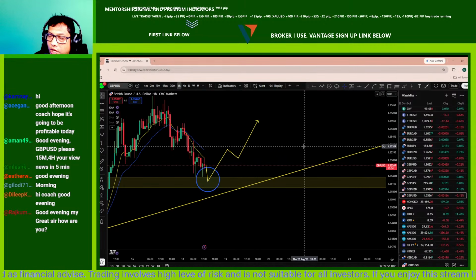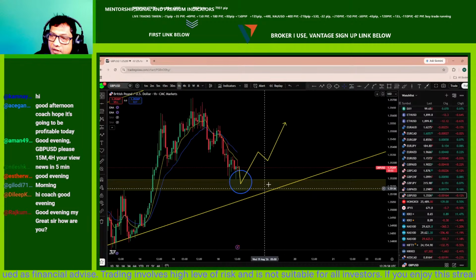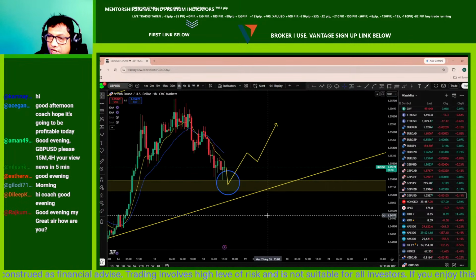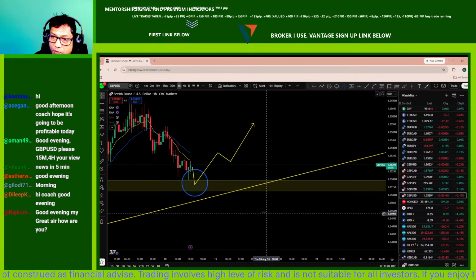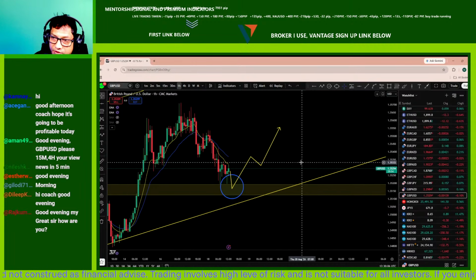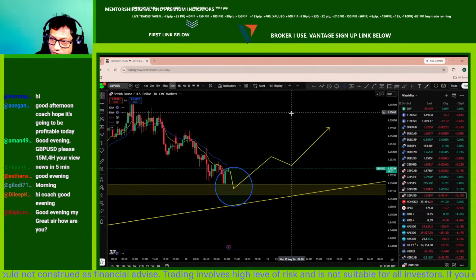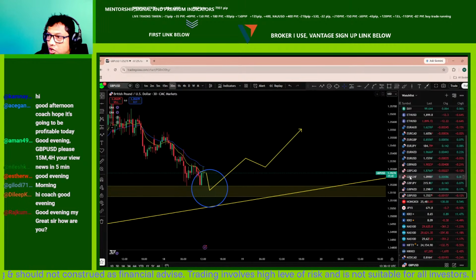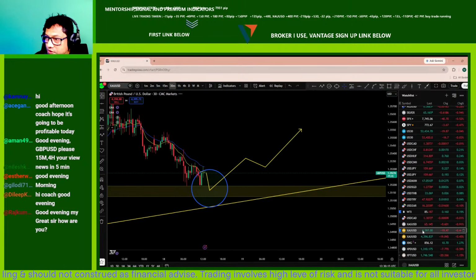So with this movement on GBP/USD, the price action here shows a possible rejection back to the upside. So the lower time frame and also the higher time frame show British pound US dollar to be potentially upside.